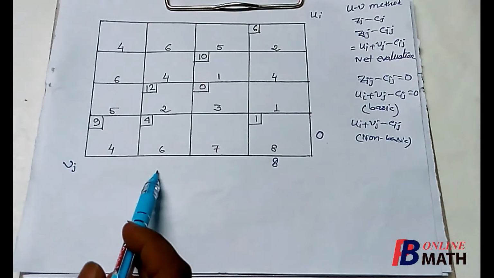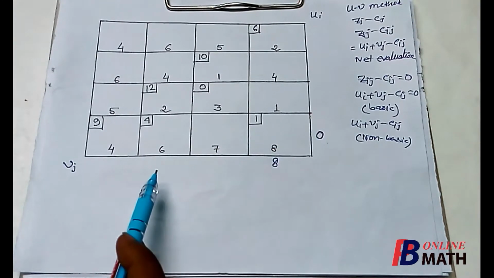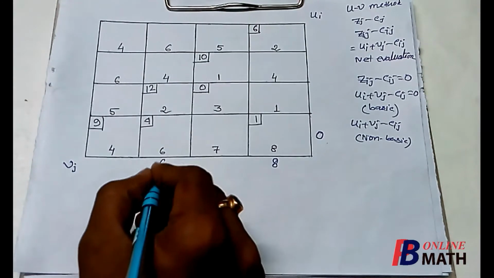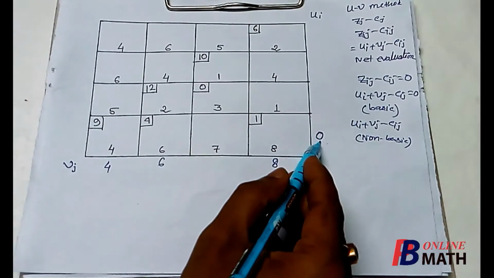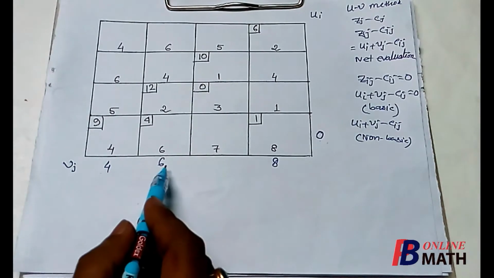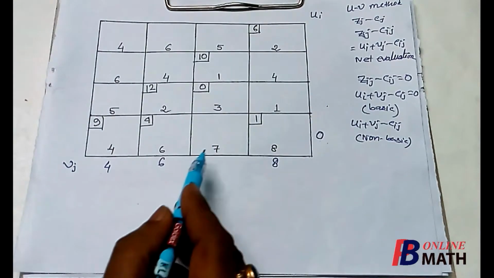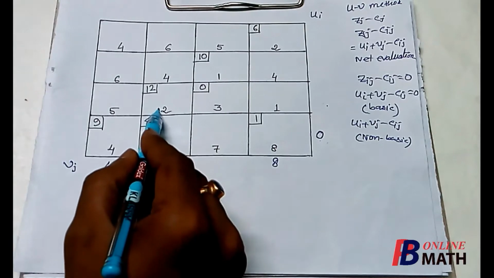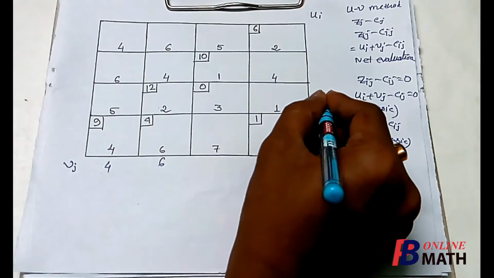Next, if we consider this value, then for a basic cell the formula is ui plus vj minus cij equal to 0. So this value is 6, and similarly this value will be 4. Now using this value we can determine this value, because for a basic cell ui plus vj minus cij equal to 0, the value of ui will be minus 4.